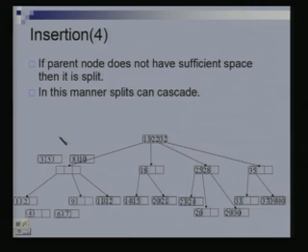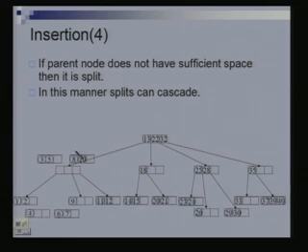Okay? Now I have 1, 2, 3, 4, 5 children, right, and they have to be made children of these guys. And the highest key of the smaller one has to be promoted up.